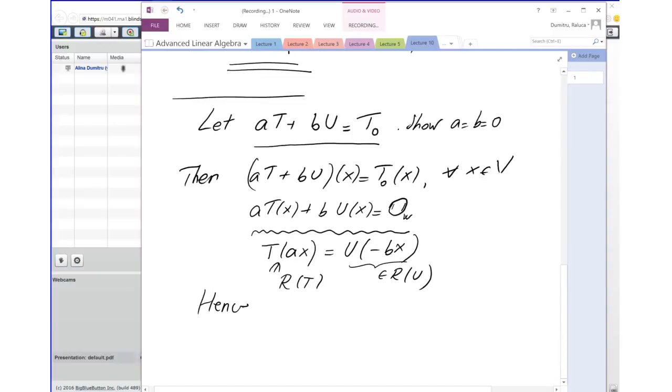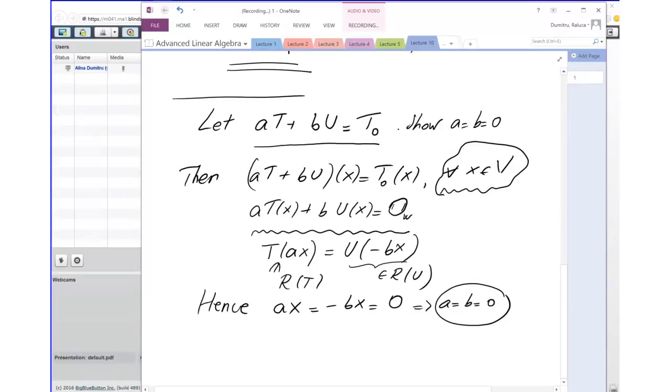Okay. So it must be the case that what you have inside both T and U is the zero vector. Who was x? Well, pretty much anything, right? x was arbitrary, so that's only possible when both A and B are 0, and that's exactly what we wanted, right?